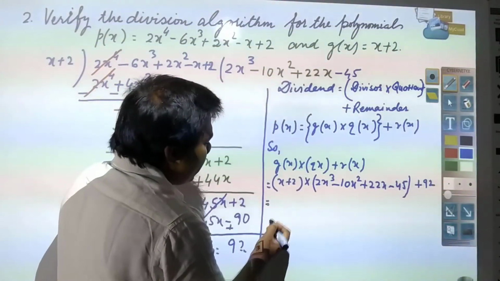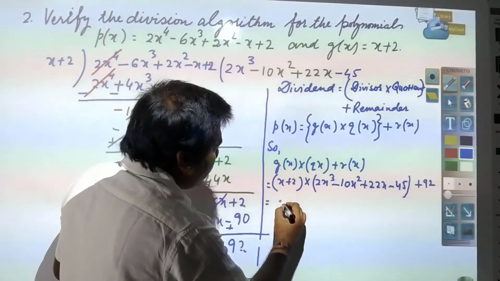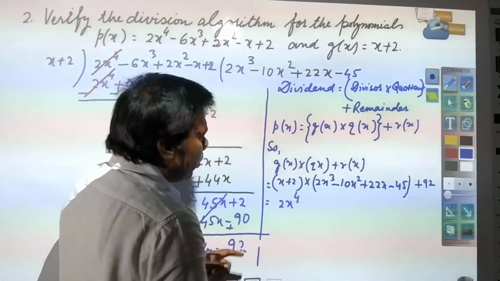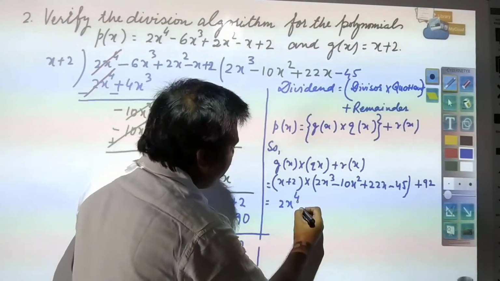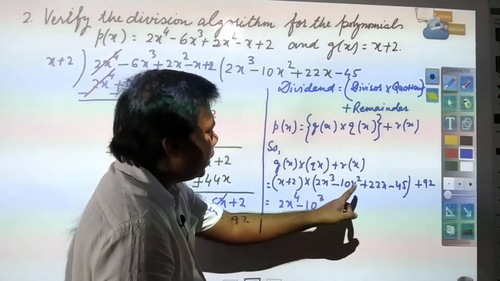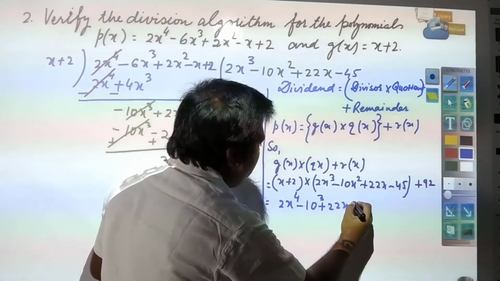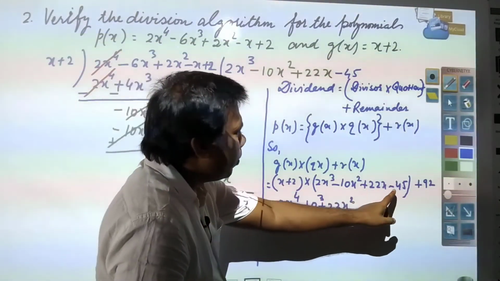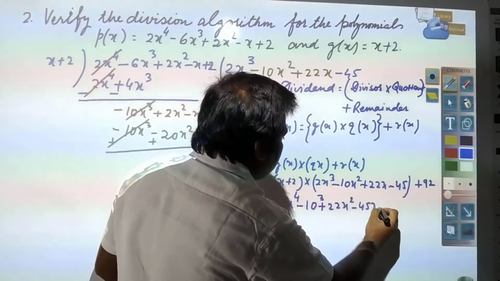So just you multiply this, x into 2x cube, this will be 2x to the power 4, x into minus 10x square, that will be minus 10x to the power 3, x into 22x, it will be 22x square, x into minus 45 will be minus 45x.